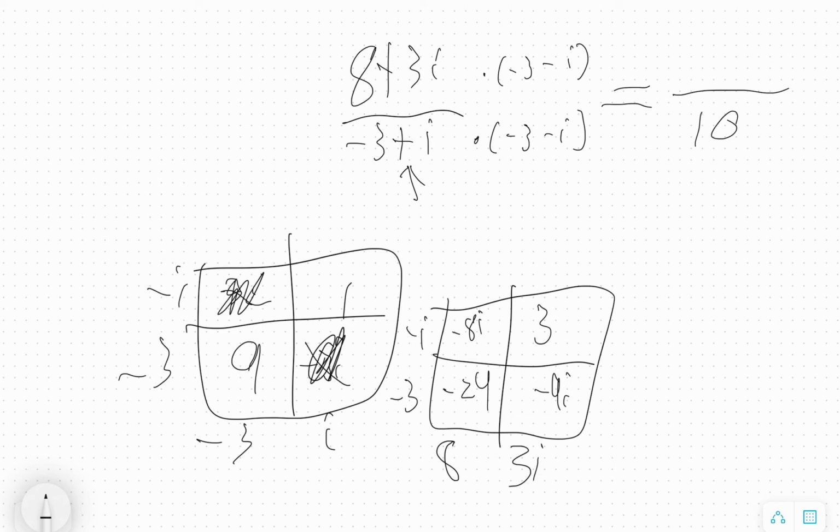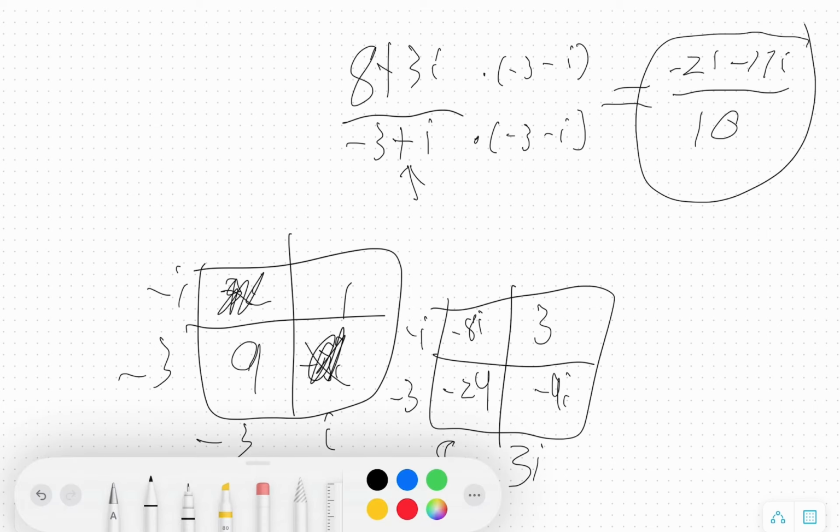Add all this up. We're going to get negative 21 minus 17i. So that's what you should have gotten for that one.